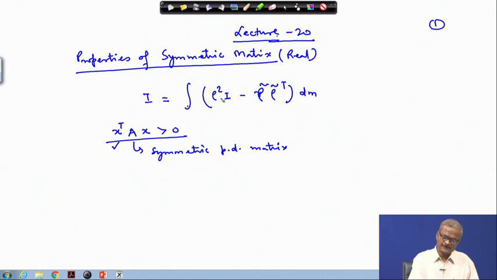Okay. So, let us say that for this, we use this type of notation, u tilde transpose u tilde.